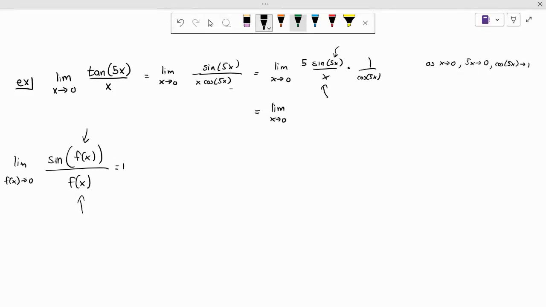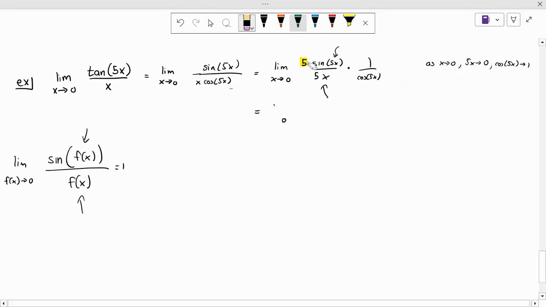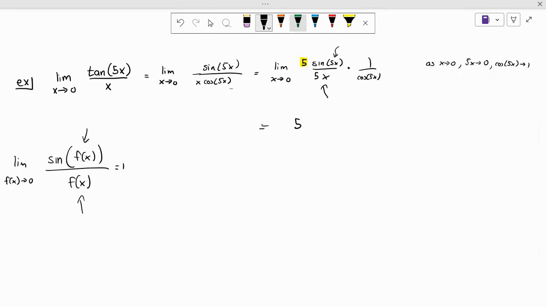So we can just multiply the top and bottom by 5. And now we can have the limit of 5 as a constant. It's just 5. And the limit of the next factor, using our special trig limit, would be 1.